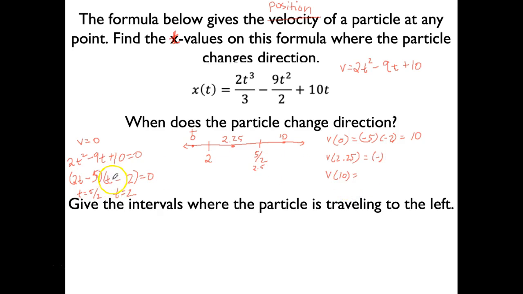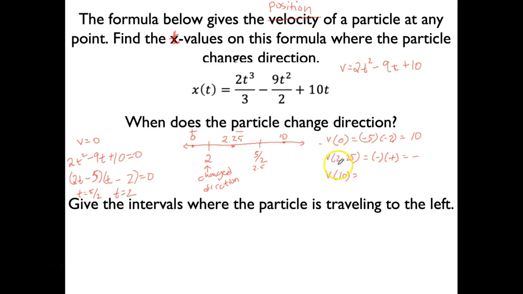Then if we put 2.25 here, it's going to give me a positive number. A negative times a positive is going to be a negative. So here it's giving me negative, which means it's traveling to the left, from 2 to 5/2. So right here it changed direction, because it went from traveling to the right to traveling to the left.